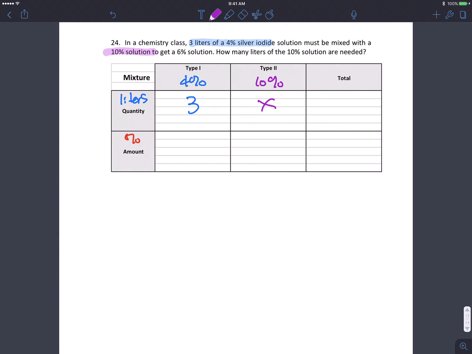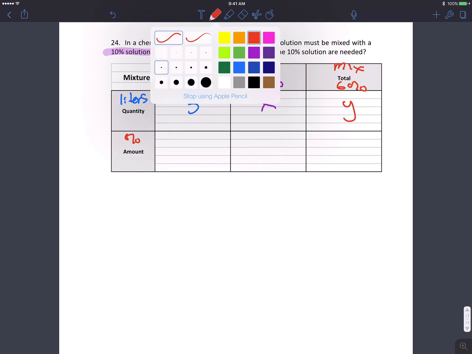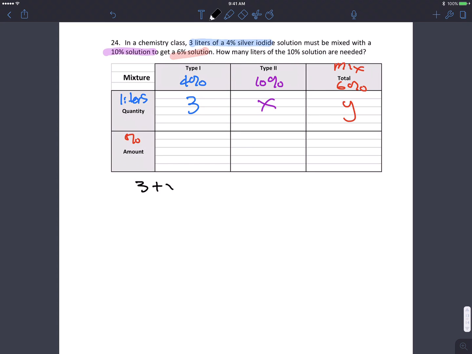They're telling us they want a 6% solution. So the mixture is going to be a 6% solution, and we don't know what the quantity is here, so we're going to call that y. If we don't know what x is, we don't know what y is. So 3 plus x here is your value y.